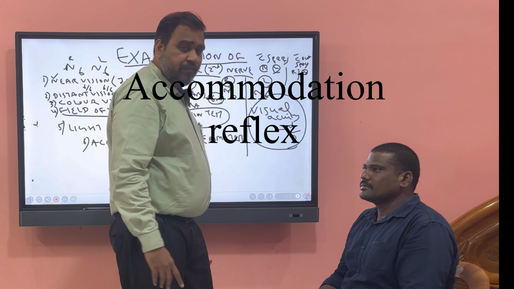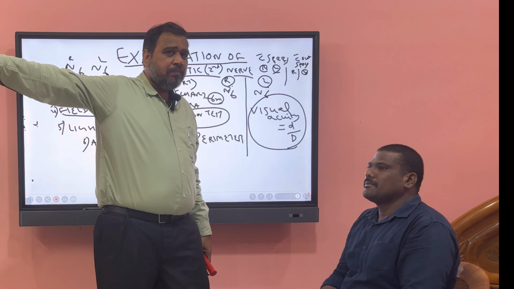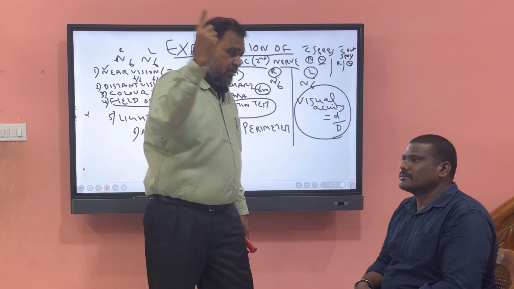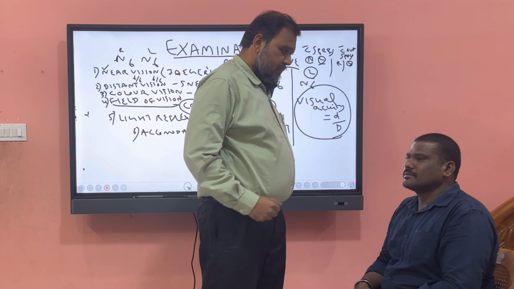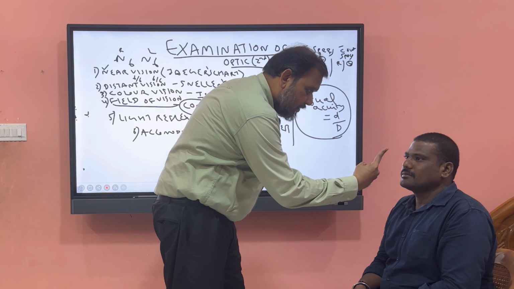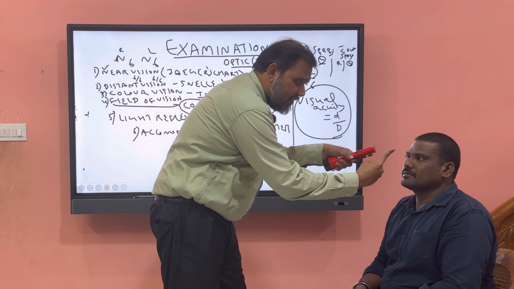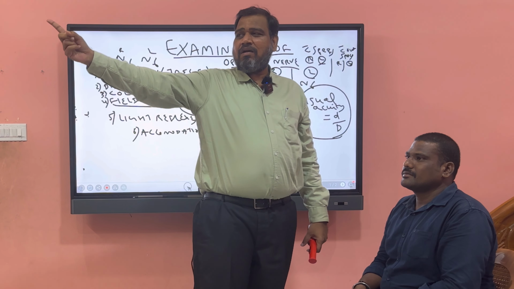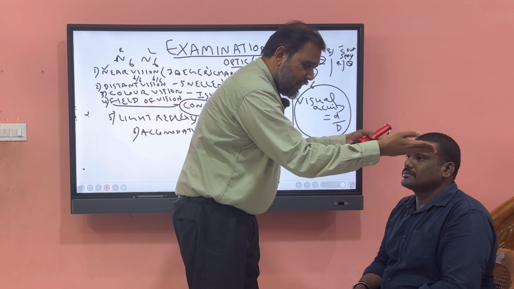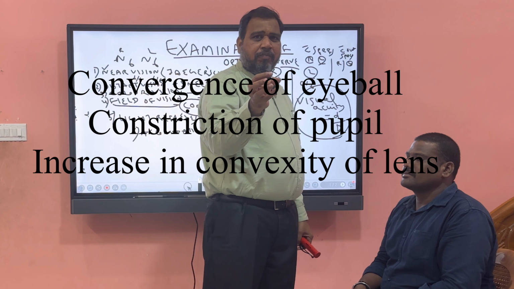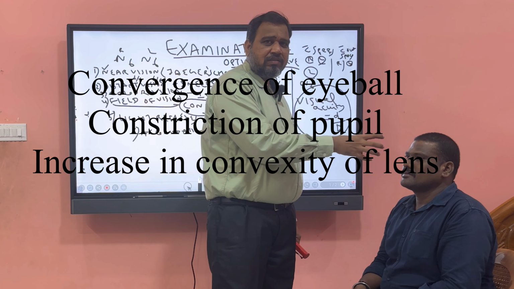Accommodation reflex: ask the subject to look at a distant object. So when you shift from a distant object to a near object, there is convergence of the eyeball, constriction of the pupil, and convexity of the lens is increased. Very simple.